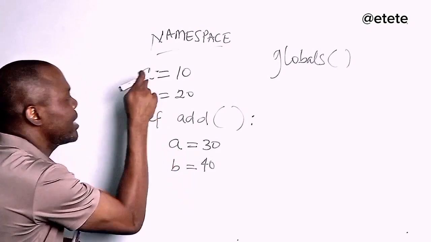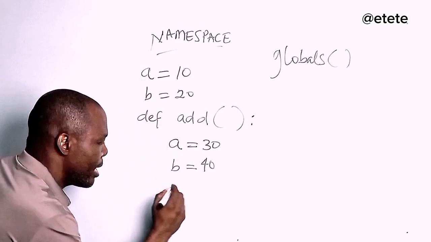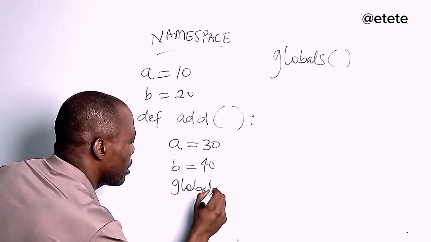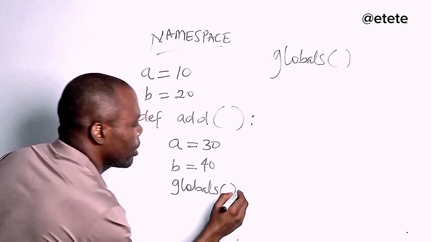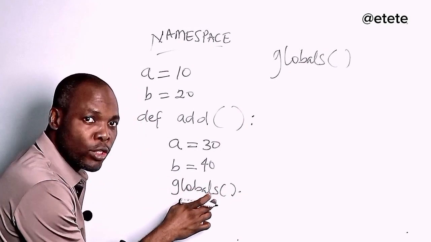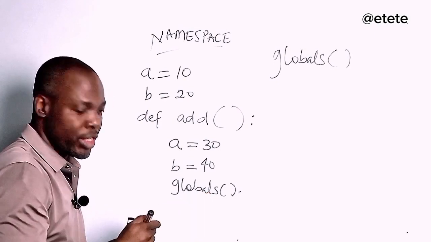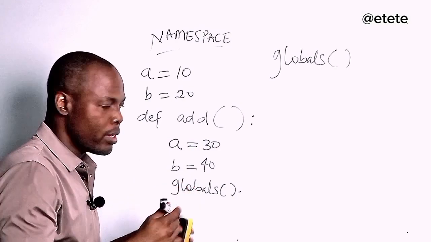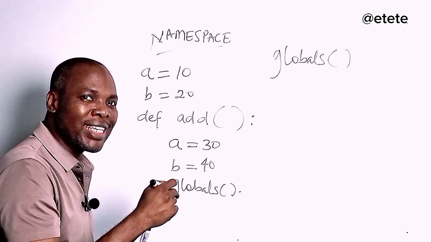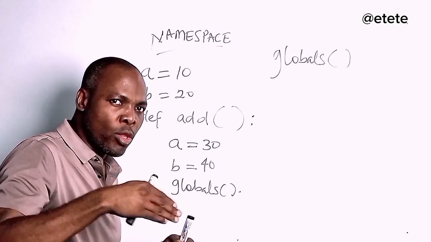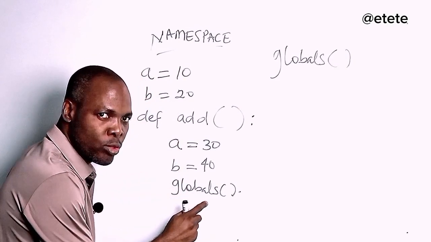So if I want to access this inside here, I will say global function dot. Whatever this function is going to return is a dictionary that is carrying both key and value. Now, in order for me to access this data, I need to call an attribute, a method inside what this is going to return.